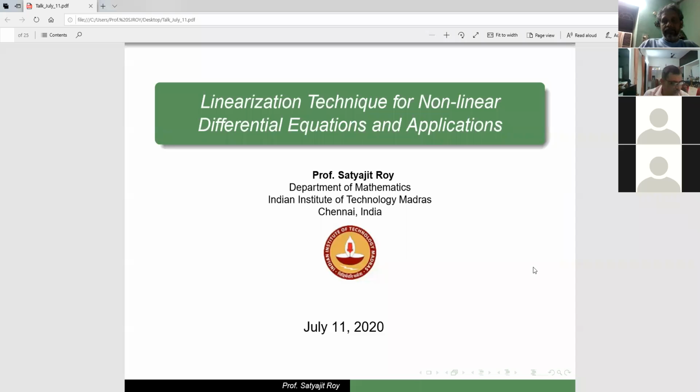So the plan today is to talk on linearization technique for nonlinear differential equations and applications. Nonlinear boundary value problems for ODEs as well as PDEs, you can linearize by using this technique.